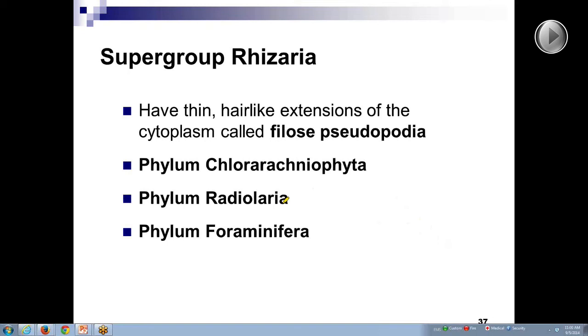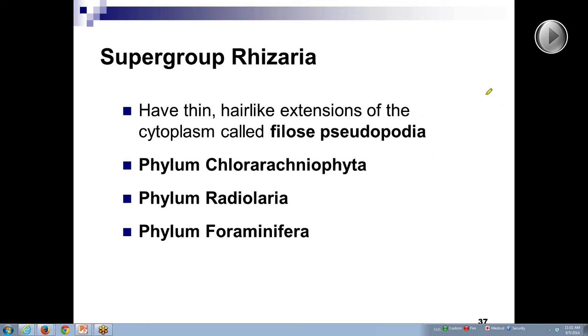Oftentimes, in the case of the foraminiferans especially, they are used to infer past climatic conditions. We can look at the shells of dead foraminiferans and examine their isotopes of oxygen to determine what water temperatures used to be in the past. So we use them in the study of global warming, these foraminiferans especially.